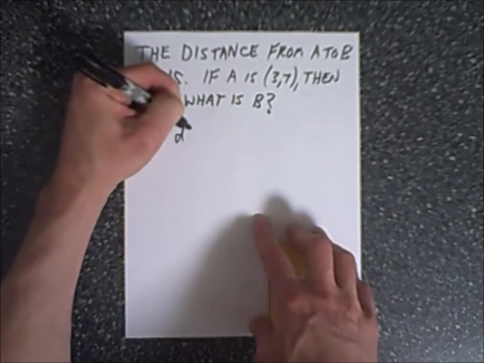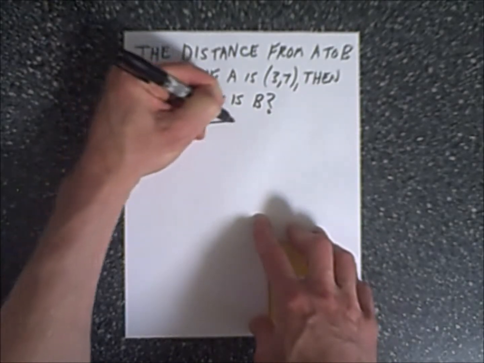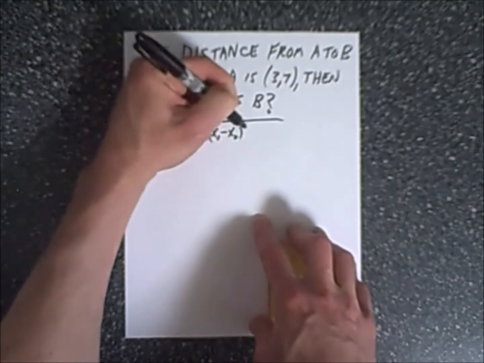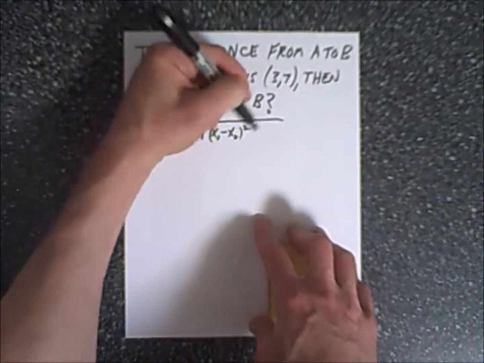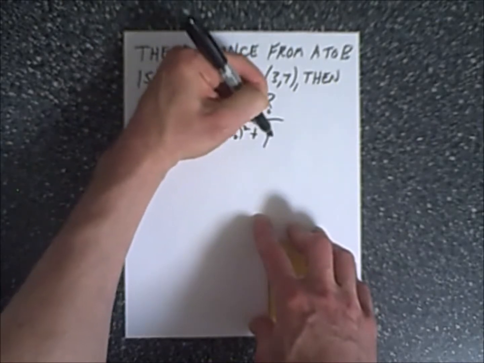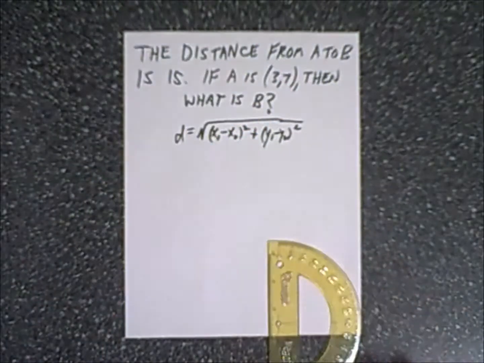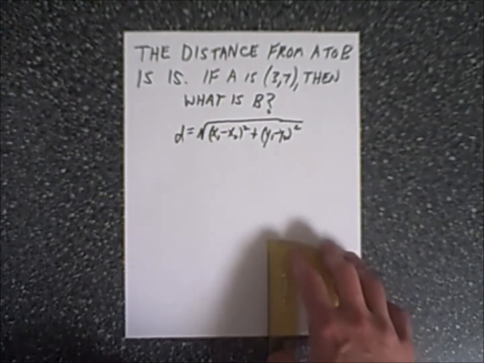So the distance d equals the square root of x sub 1 minus x sub 2 squared, the distance between the x's, plus y sub 1 minus y sub 2, which is the distance between the y's, squared. And now let's plug in the information that we're given.